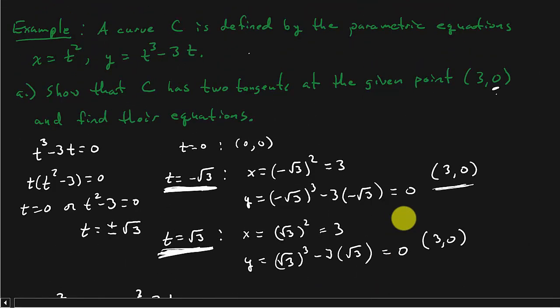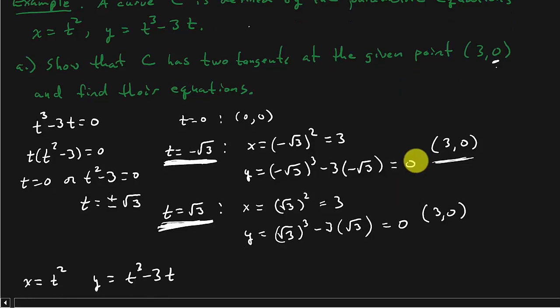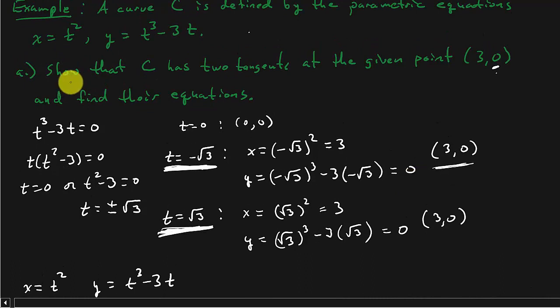Okay, this is a long problem. It asks us to find a bunch of different things. All right, so we showed that C has two tangents at the point 3, 0 by setting y equal to 0 and solving, and we got negative square root of 3 and positive square root of 3.